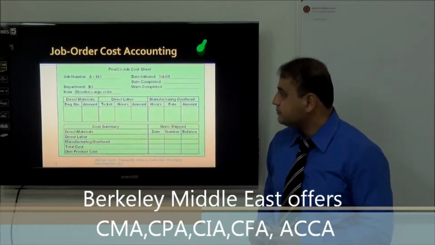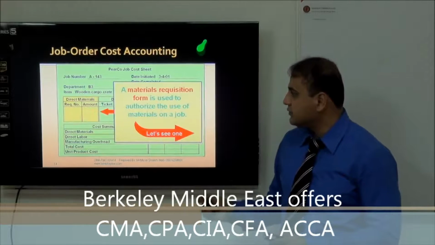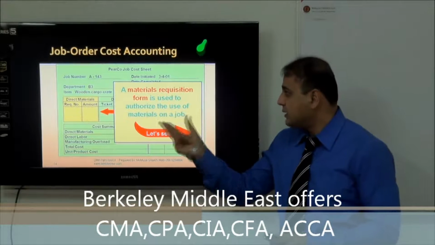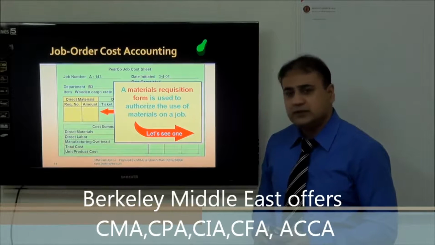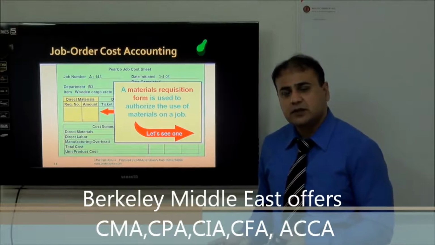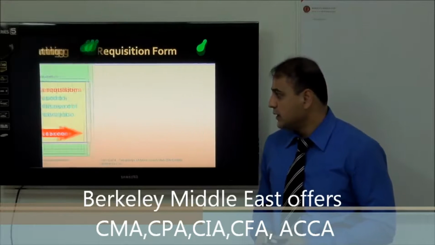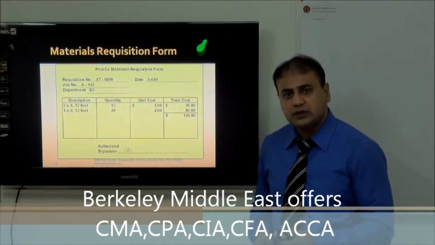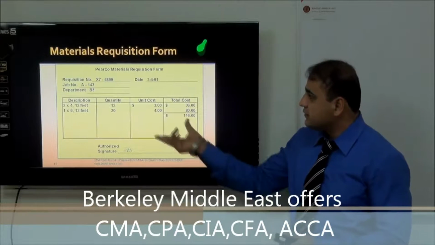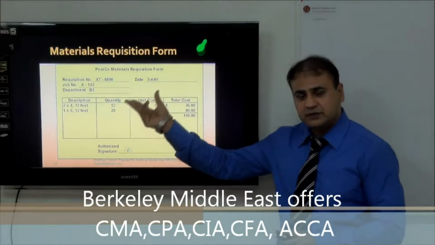Then how it works: first of all, a material acquisition form is made to authorize the need. First of all, we will request the material. For extracting material from the warehouse, from the store, we need to fill in this material acquisition form. It will show all the units and quantities that they want. This is the format, it shows everything, including the job number.